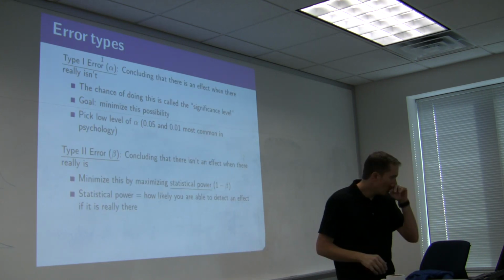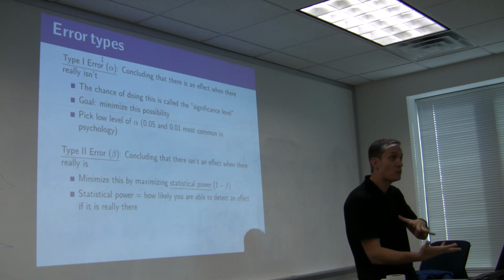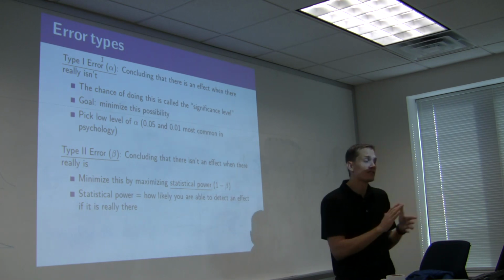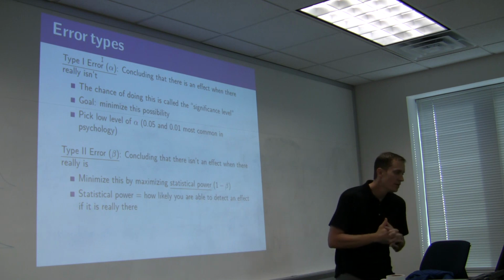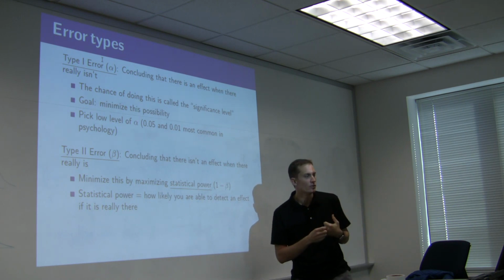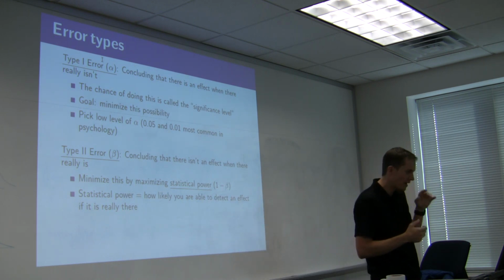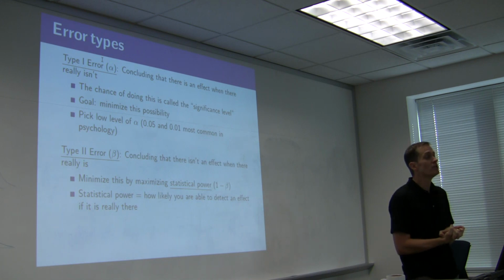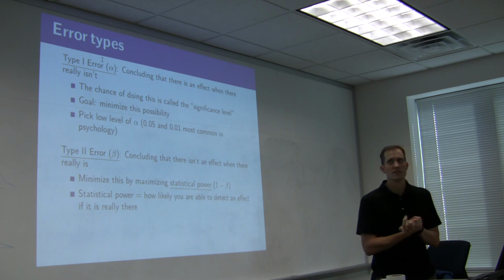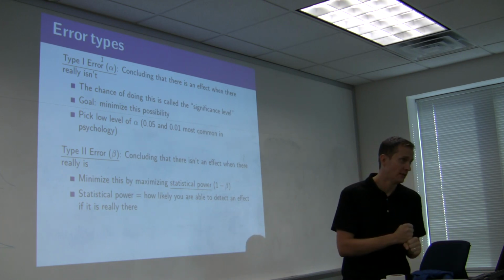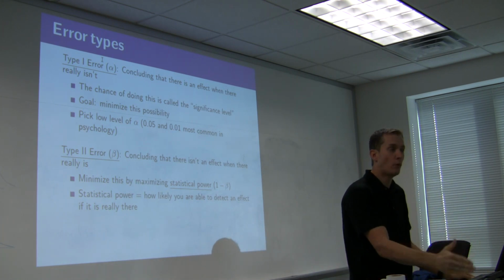Okay. Since we have these two different types of errors, we want to make sure that we can control them. In the slides that have been made available to you, there are some indications about how you can do this with type 1 and type 2 error rates. Type 1 error is controlled by your alpha level. That's why we use that standard 0.05.